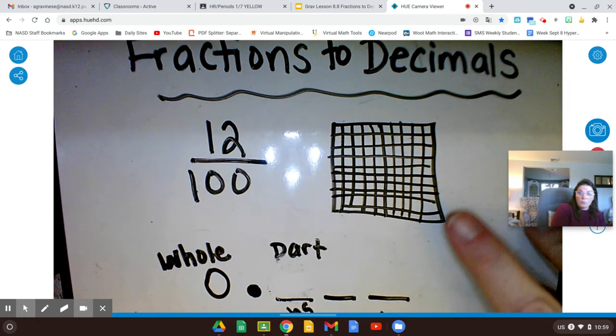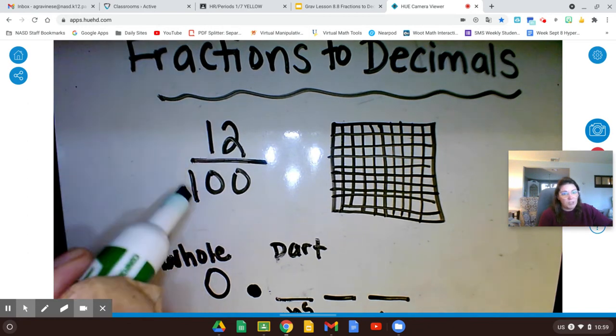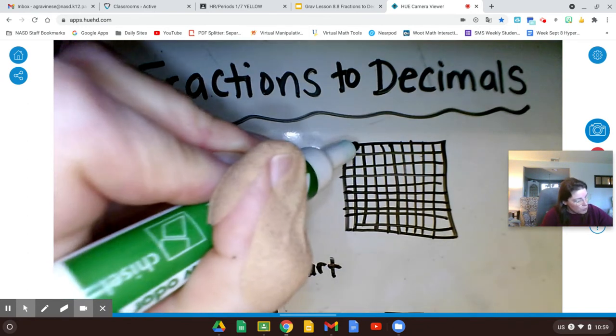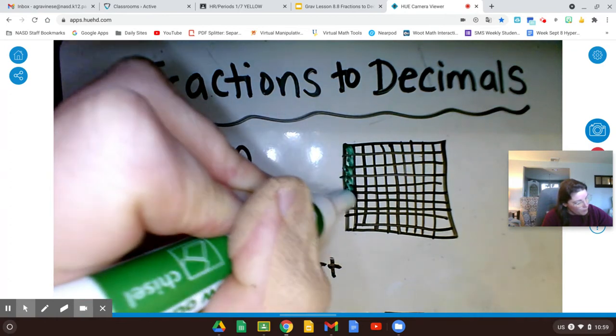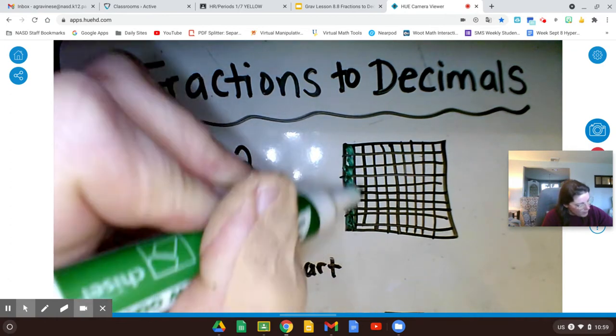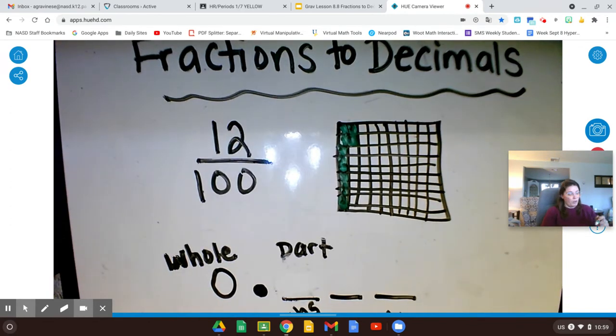If I colored in 100 of them, I would represent 1 whole. But I don't have 100 of them. I have 12 out of 100. So if I count and shade in 12, 1, 2, 3, 4, 5, 6, 7, 8, 9, 10, 11, 12. You can see I don't have a large part of the whole. I have 12 hundredths.